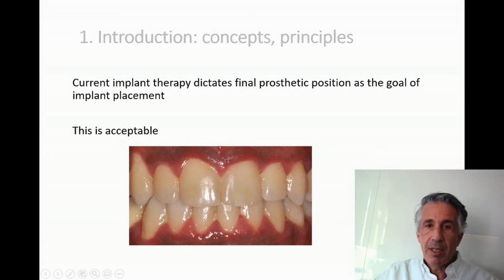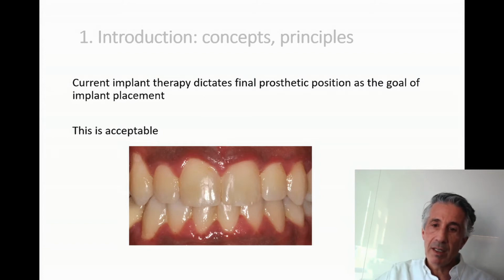So what's acceptable now? I'm showing you this picture, this is done with grafting and an implant and good prosthetics, right? And it's the prosthodontist that dictates to us, listen, this is the best aesthetic position of that tooth. Make the implant so. And we can get these results, but it takes a lot of planning and good soft tissue and hard tissue healing.